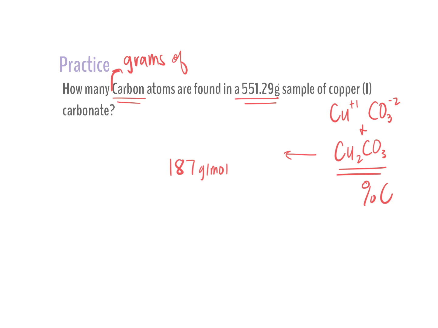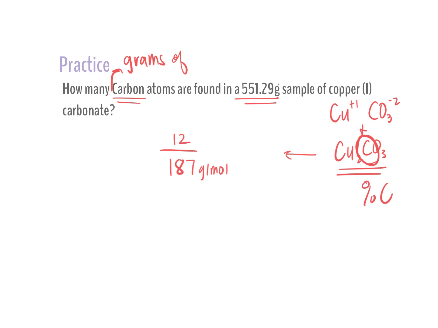I got about 187. I don't know if that's what you had or no. Okay, 187. So if I want to find carbon's percent of that, I'm going to take carbon's part, which happens to be just one carbon, so 12, divided by my total, right? I'm going to take the part divided by the whole.